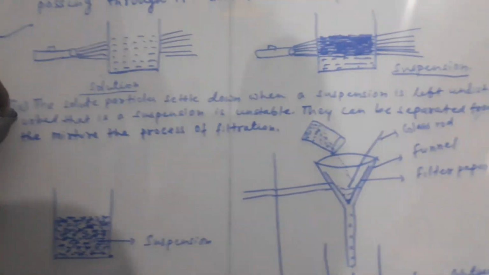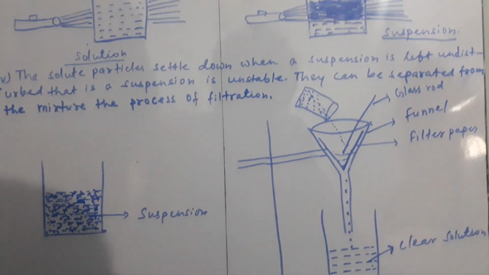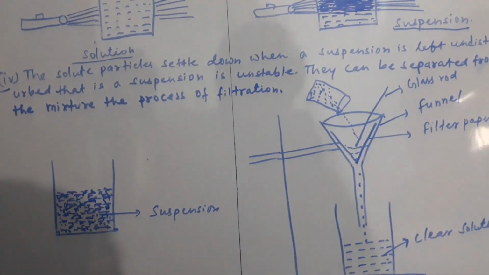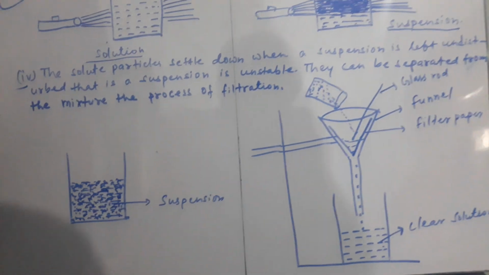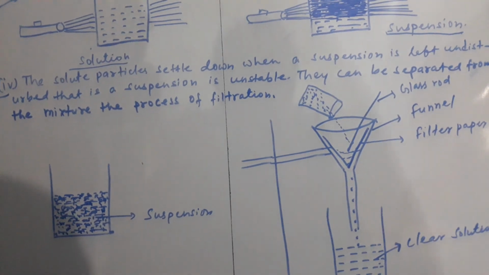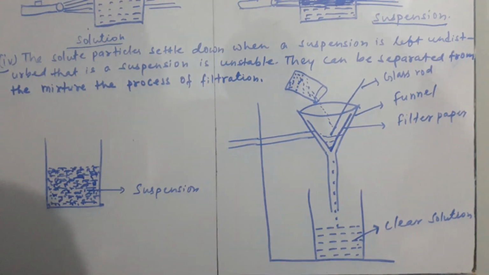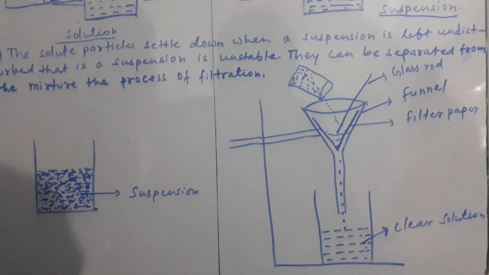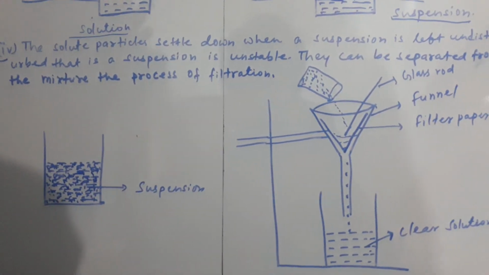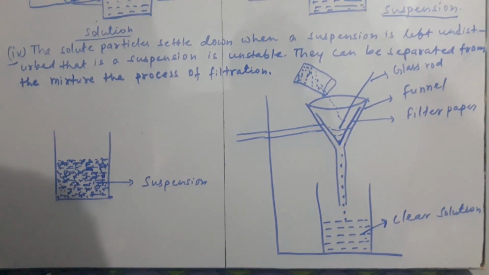Now the fourth one: solid particles settle down when the suspension is left undisturbed. That is, suspension is unstable. We have already discussed in the previous class that if we take two beakers and put an equal amount of water in both, and in one beaker we put some sugar and in the other some soil particles, then if you mix the sugar properly and keep it on a table undisturbed, the sugar particles will not settle down at the bottom of the container.